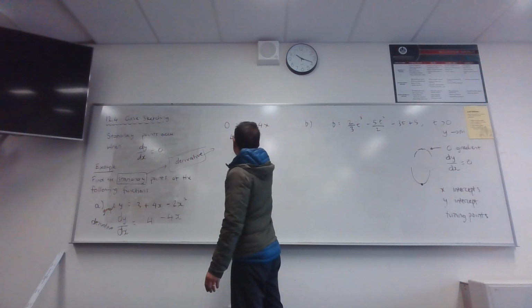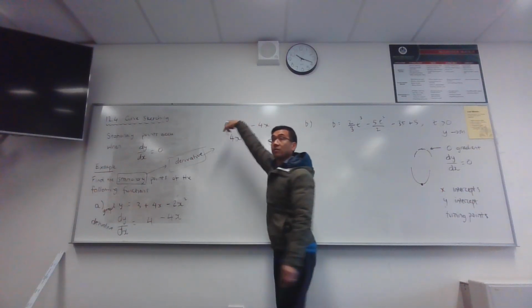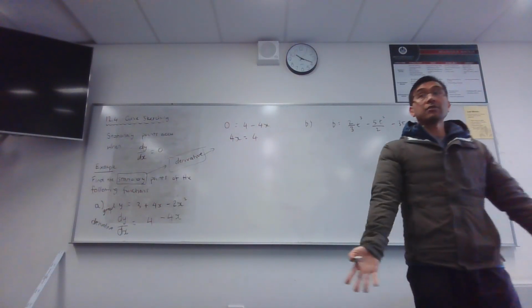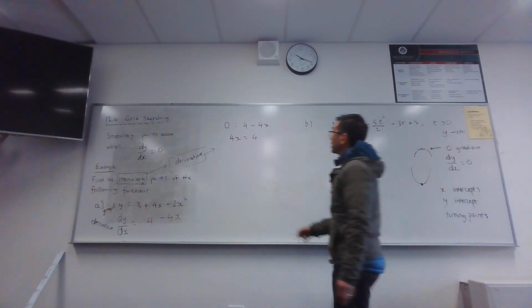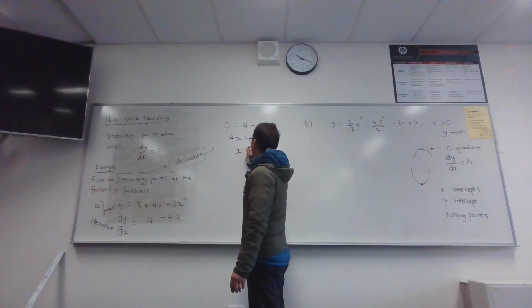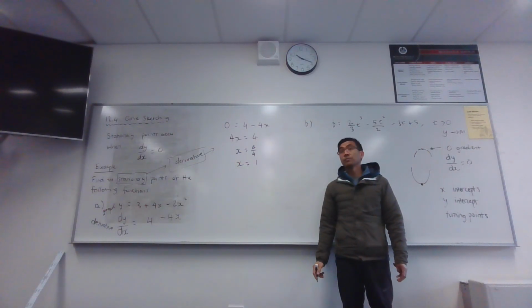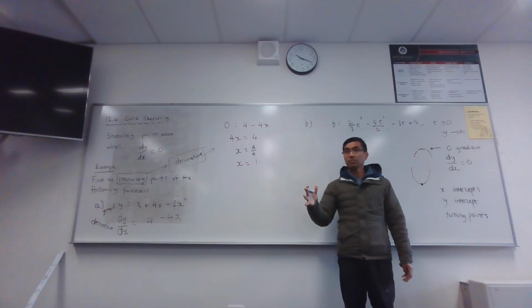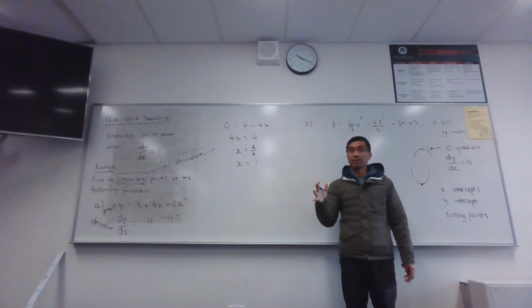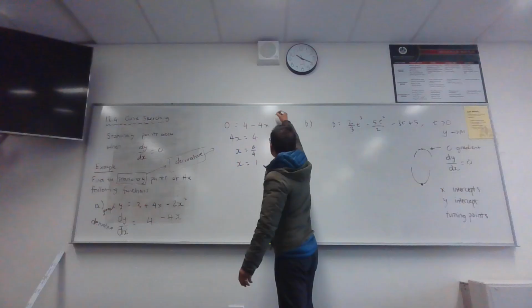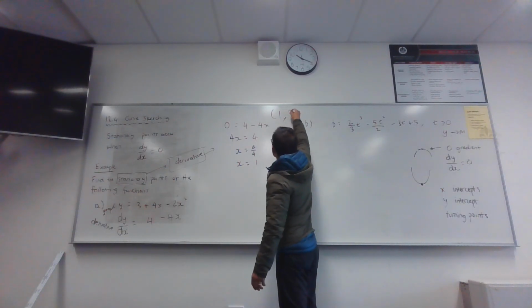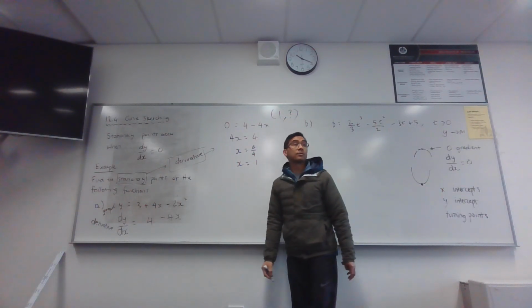Okay. So I'm going to move the 4x. It's easier to move a negative over. Saves you a bit of time. X equals 4 on 4. X equals 1. Question. Am I done? Why aren't I done? Exactly, mate. So we found our coordinate, but we don't know our y.